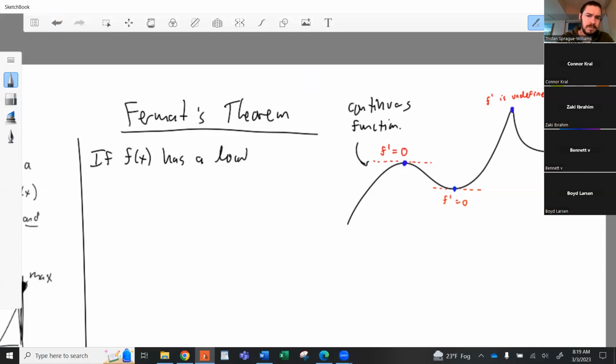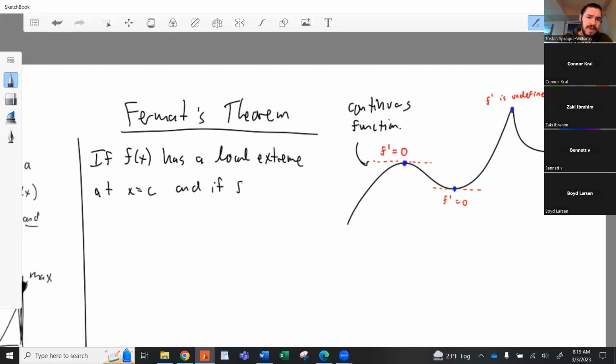It doesn't have to be the absolute extreme, it just has to be a local extreme. If f of x has a local extreme at x equals c, so let's say c is a specific value of x, okay?